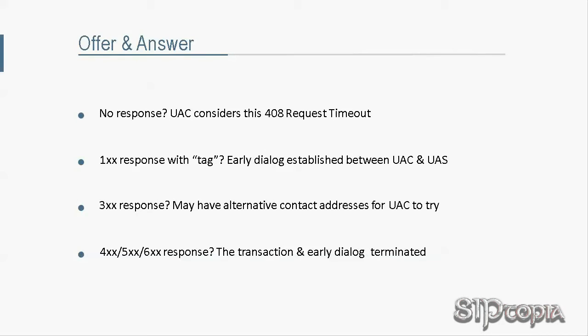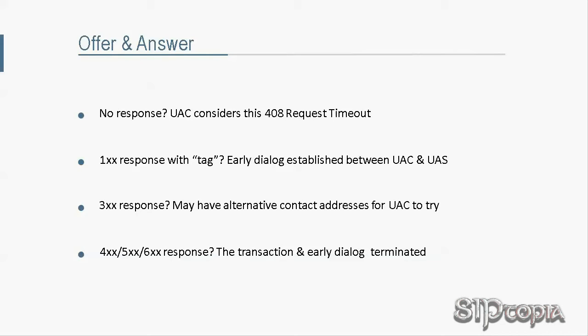Now, let's discuss the responses user agent client could get as a result of this invite request, unless it receives no response, in which case the user agent client would consider this a 408 request timeout situation. One or more 1xx provisional responses could be received, simply indicating the progress of the call.